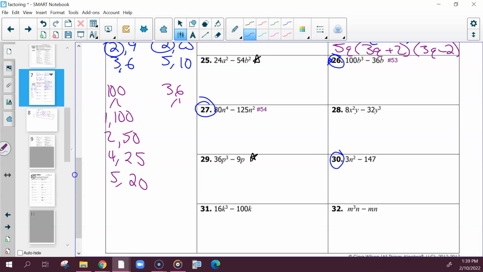That might work, but I feel like that's 90. But double check that for me. I know 10 and 10. Does that work?